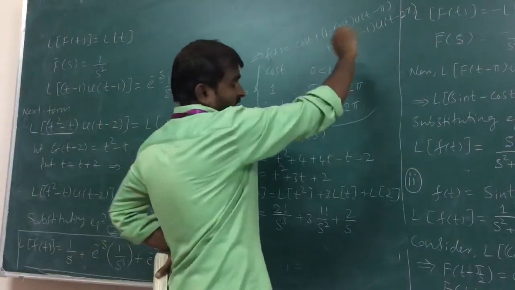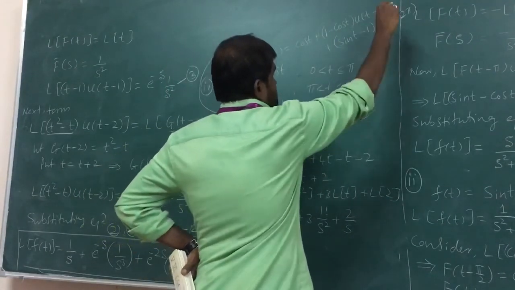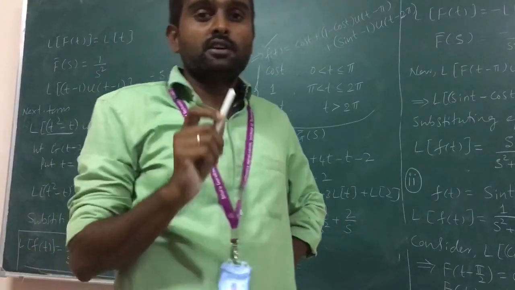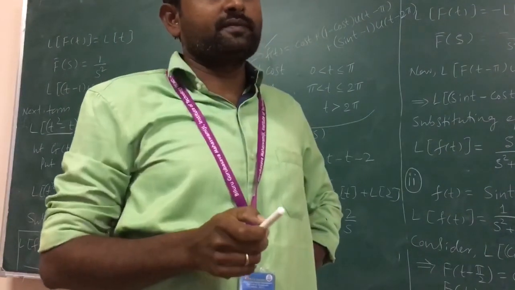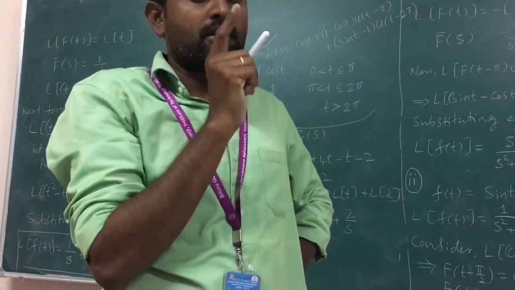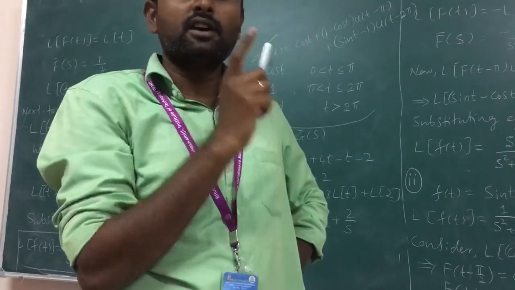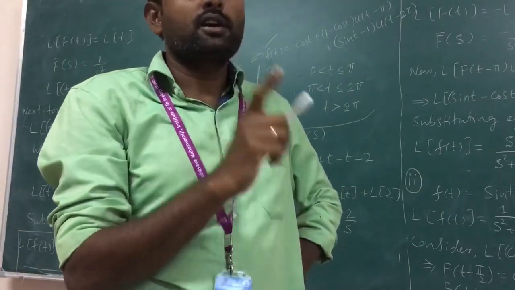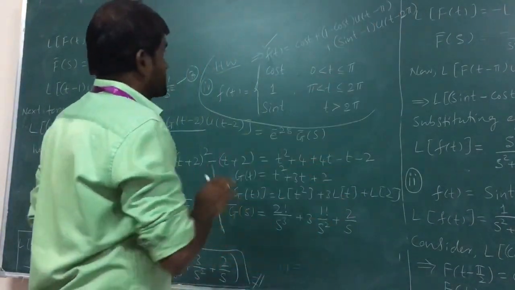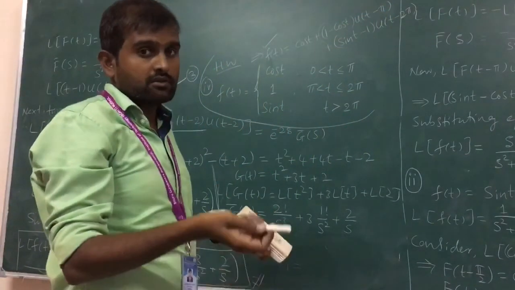Now take the Laplace transform of this whole function. This is called the Heaviside unit step function. After expressing f of t in terms of t minus a, multiplied with the unit step function or Heaviside function, take the Laplace transform using property 2.